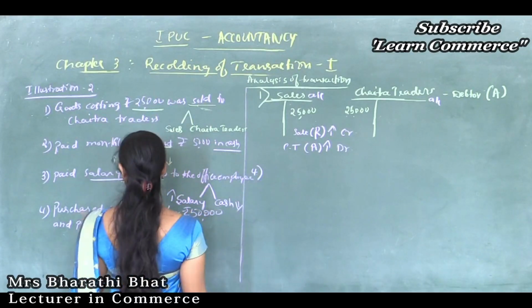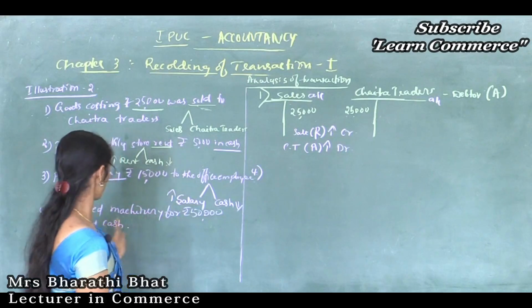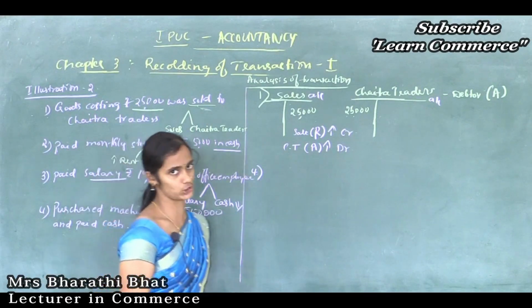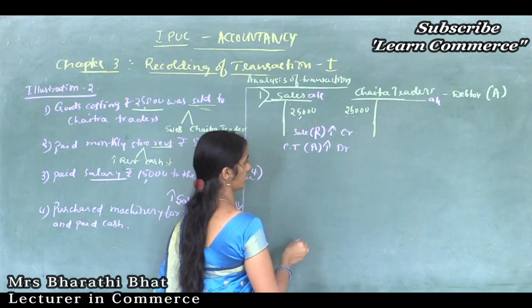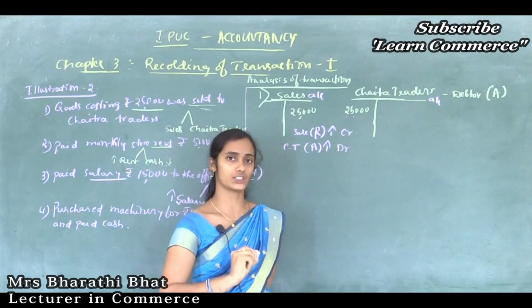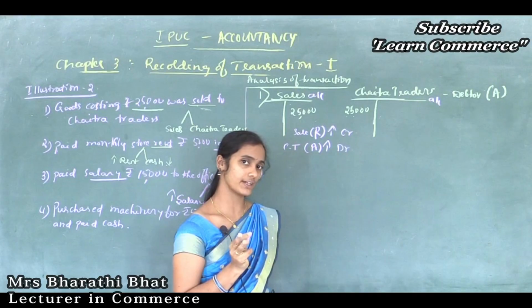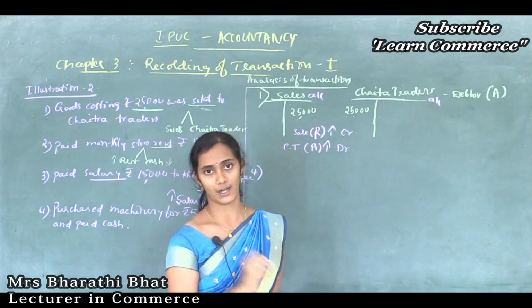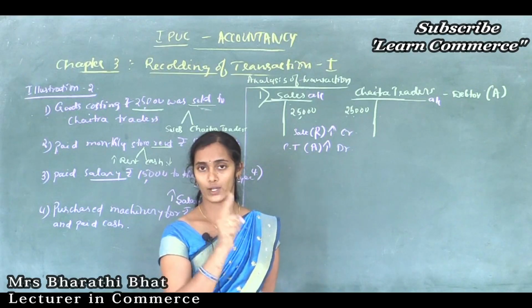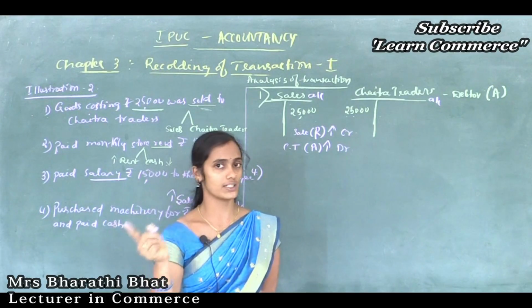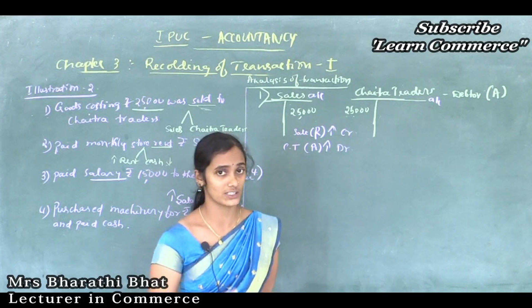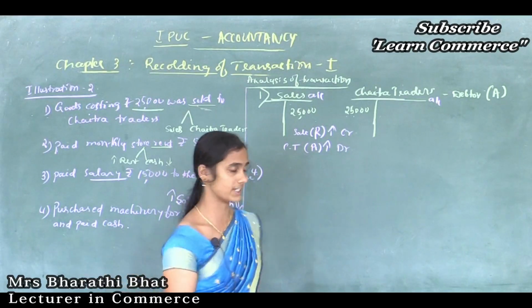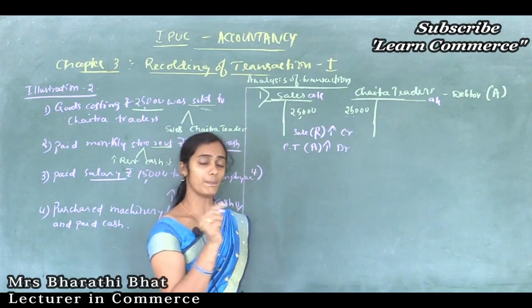Fourth one: purchased machinery for rupees 50,000 and paid in cash. When we are purchasing machinery, what are the two accounts affected? Say, for example, in the previous sum, we purchased furniture on credit transaction, so one more account was affected there. But here we purchased machinery.